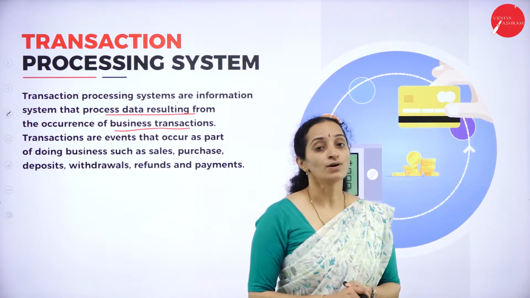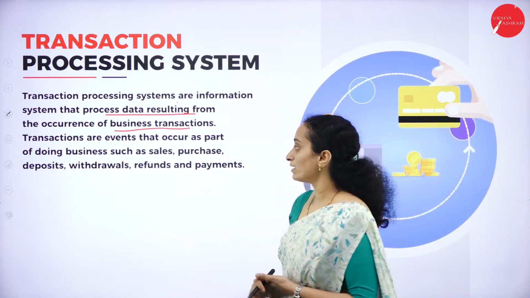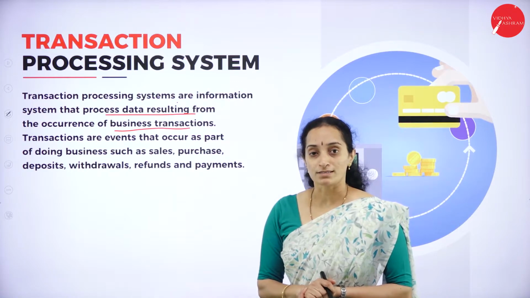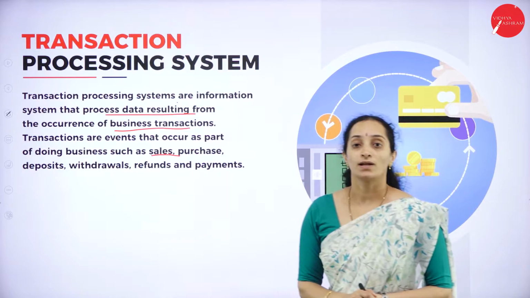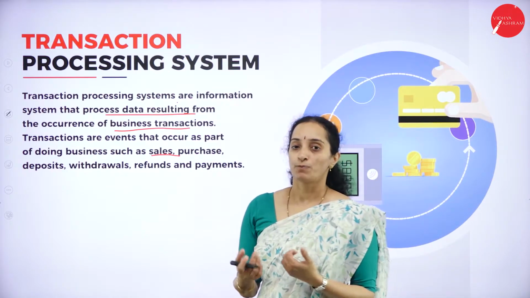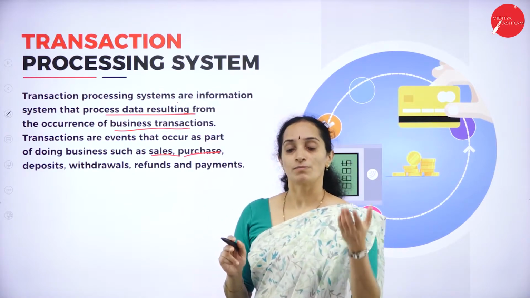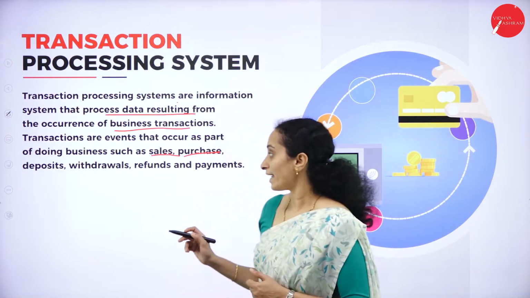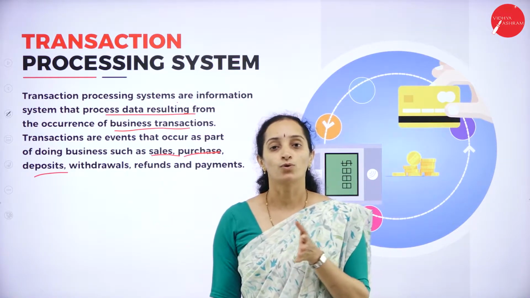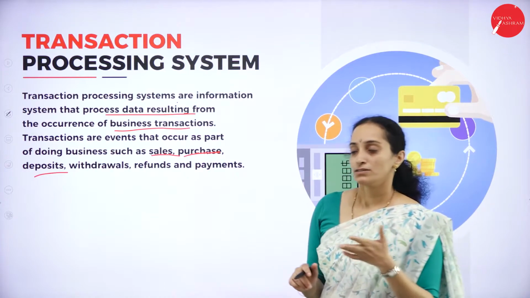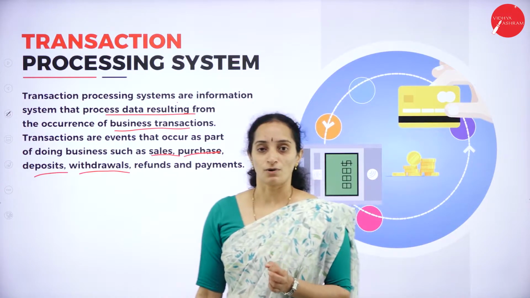Now the question is, what are the transactions that happen in a business? What do we consider as a transaction? We have sales, where the product is sold to a customer. Purchasing the raw material from a seller, then deposits. If a customer deposits money, it will go to the account of the organization, so the deposit can be considered a transaction, and the withdrawal.